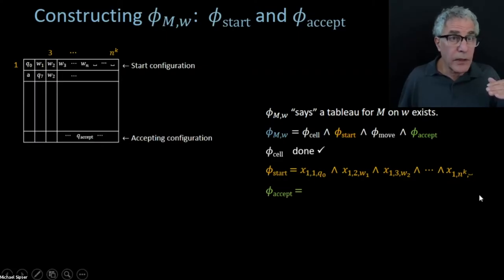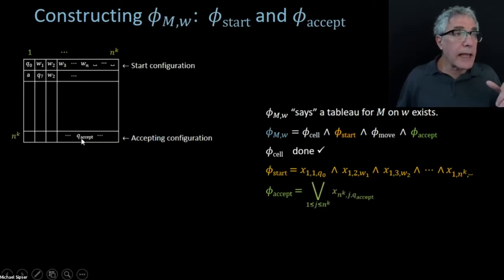Okay, now let's take a look at phi accept. Because I'm just looking for Q accept to appear somewhere in that bottom row, I'm going to do that in terms of an OR. Notice the variables have n to the k, because it's the last row in the table. So row n to the k here.